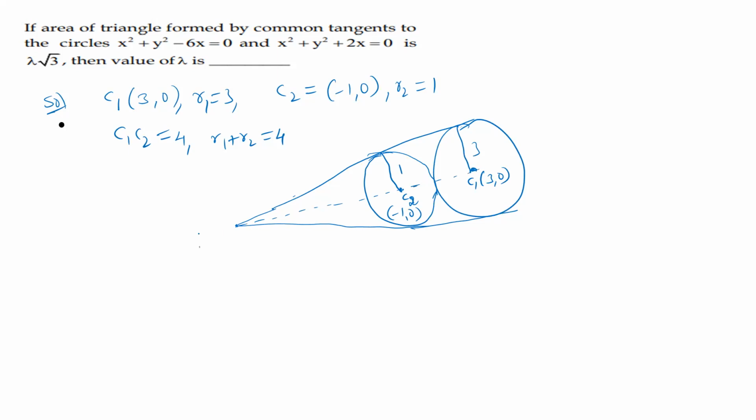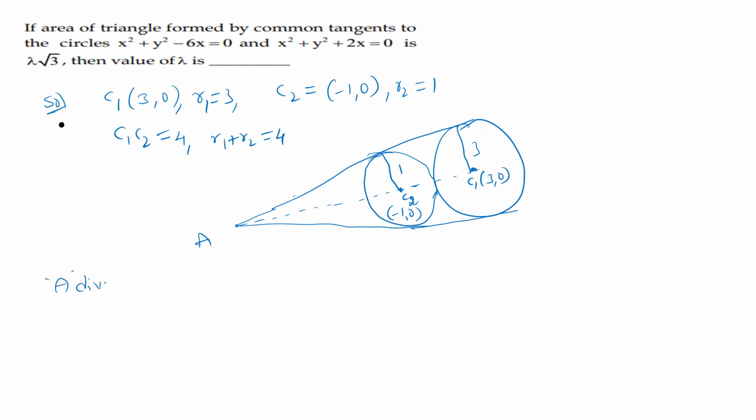Here, now this is another point. This point divides the line joining C1 and C2 in the ratio 3:1. Okay? Total this length is 3, this length is 1 ratio. So here A point we don't know.